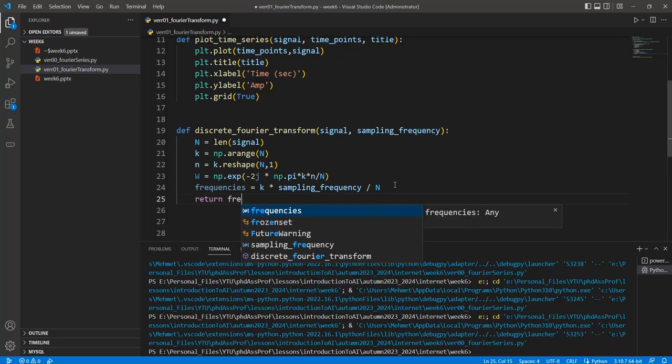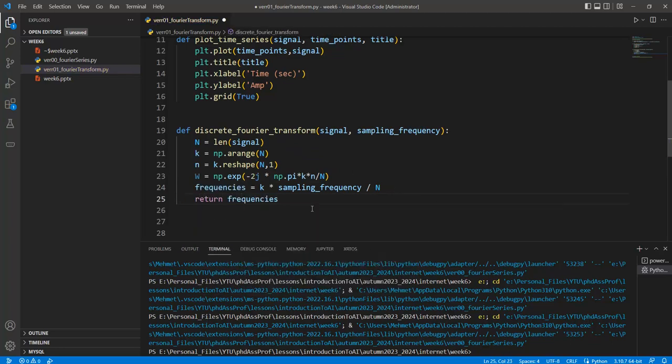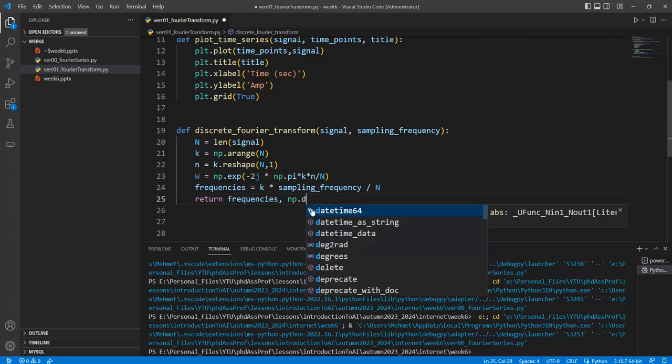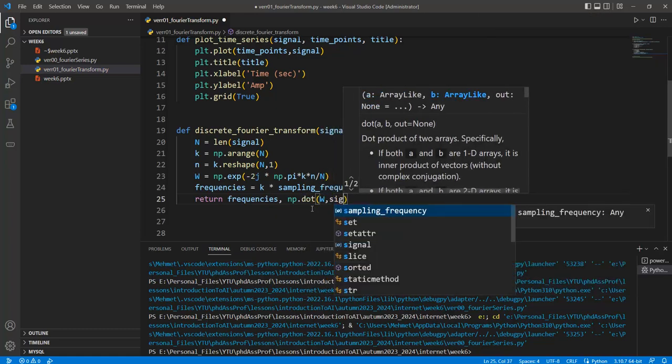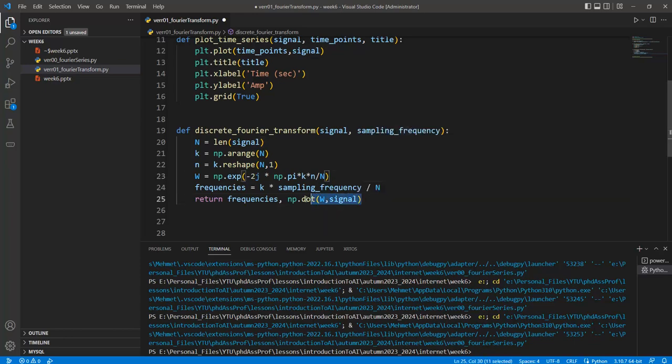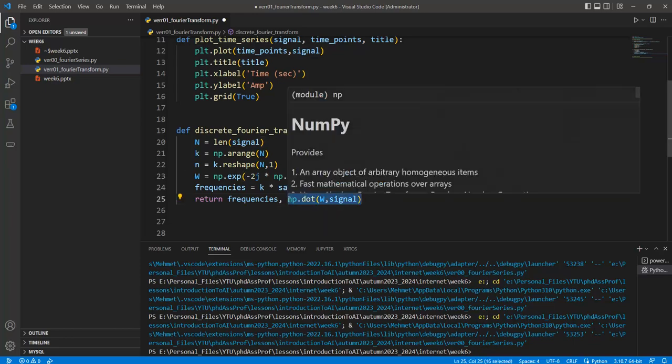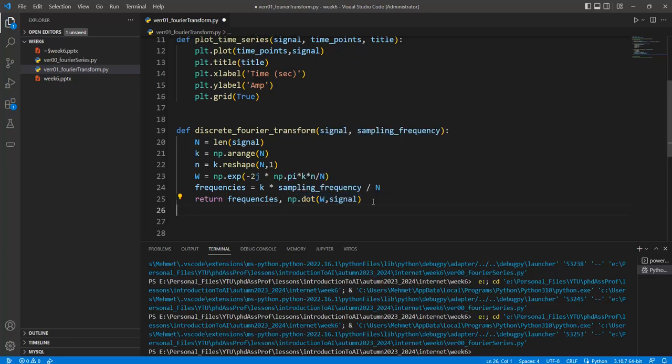And then frequencies can be returned, and np.dot W and signal. This is the Fourier transform, right? W multiplied with the signal. That's all. Okay.